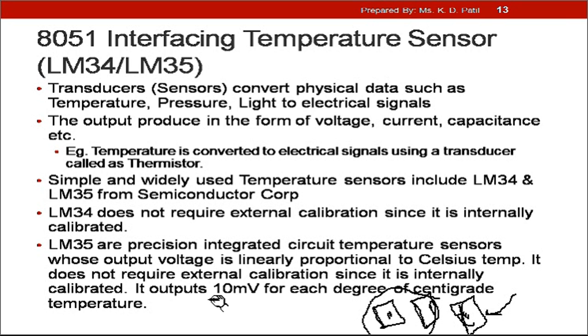It outputs 10 millivolt for each degree centigrade, and that's the reason we have connected our V reference positive to 2.56 volt and V reference negative to ground to get that 10 millivolt, because the temperature sensor outputs 10 millivolt for each degree centigrade.